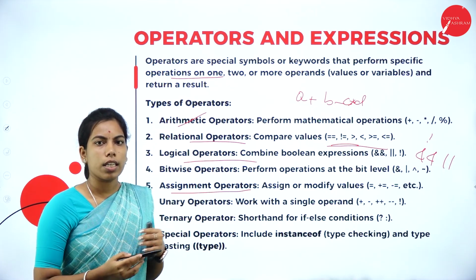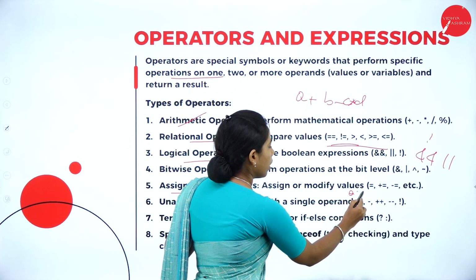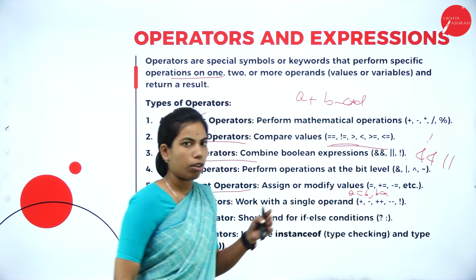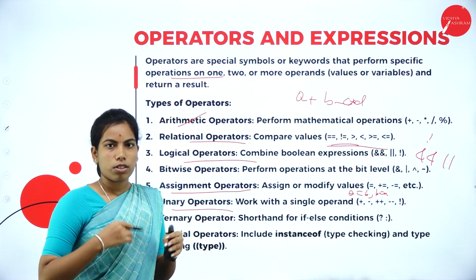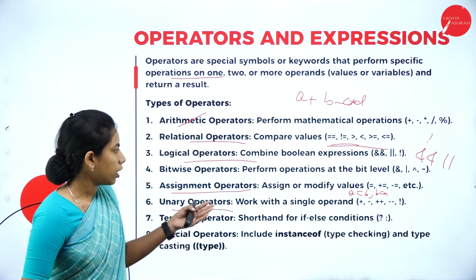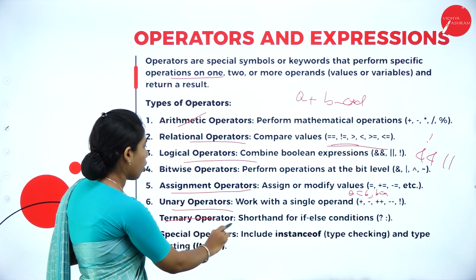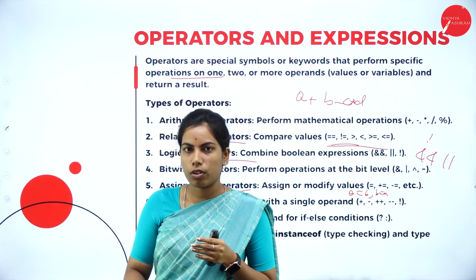We have to assign values. In that case we use equal to, for example, A is equal to B and also B is equal to A. This is where assignment operators are used. And also come to the unary operator. It is also called what? Increment and decrement operator. That is plus plus, minus minus and also plus. And come to the ternary operator. It is mainly used in a condition, where else and also if block.